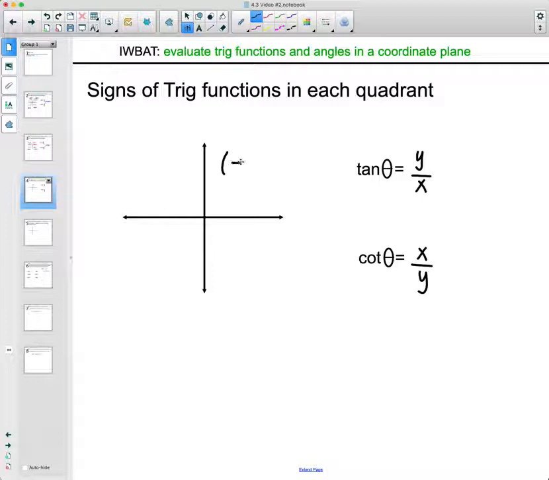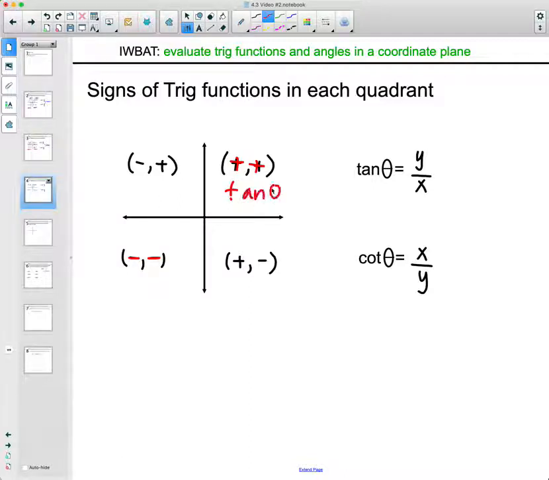Again, first quadrant, both are positive. Second quadrant, x negative, y positive. Third quadrant, x and y are negative. Fourth quadrant, x is positive, y is negative. So if they are the same, both positive or both negative, tangent is positive.